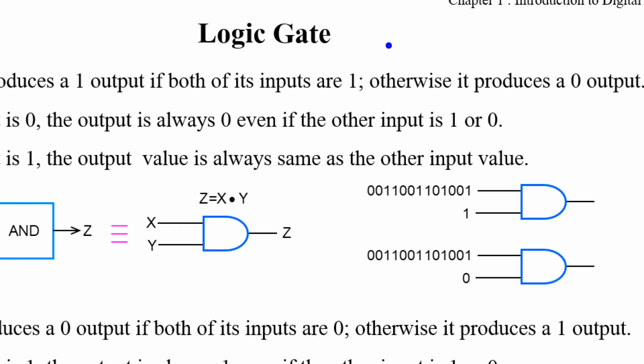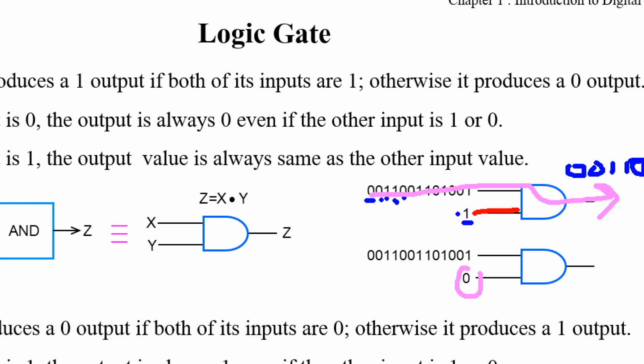And consider this one. If this input is constant 1 and the other input comes 0, 0, 1, 1, 0, 0, how about the output? If it is 0, the output is 0, right? If this one is 1, the output is 1, because 1 and 1 is 1, and 0 and 1 is 0. So if this input is 1, this sequence of input can go out to the output.